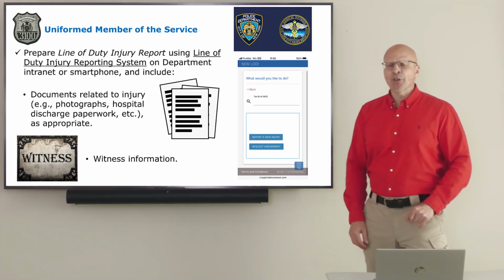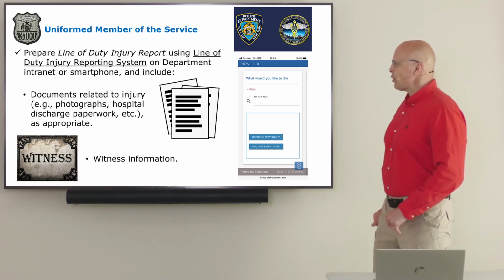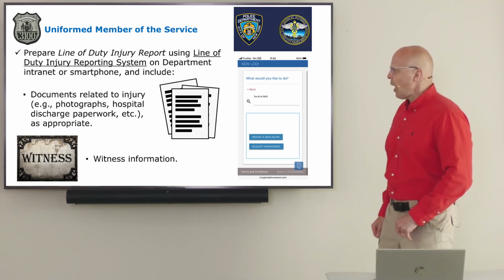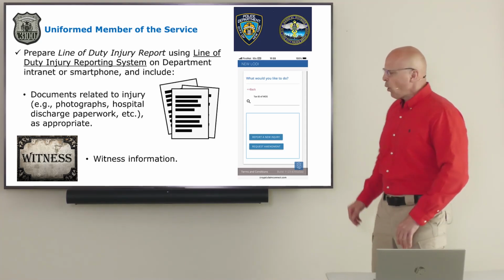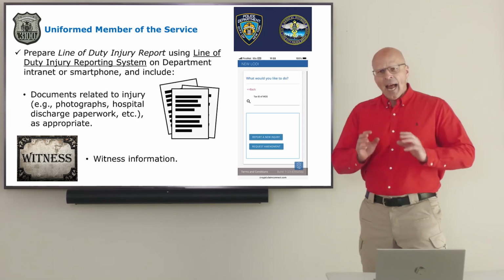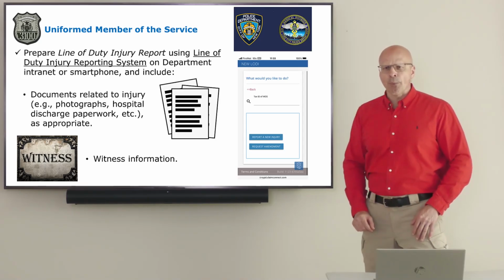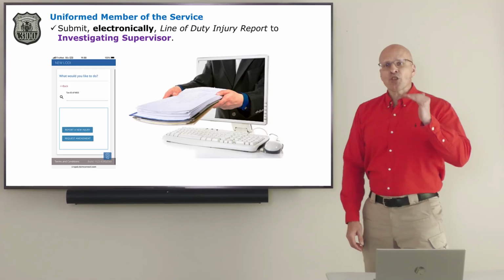Now, two things that have to go on this line of duty injury report. First, documents related to the injury. Example, photographs, hospital discharge paperwork, etc., as appropriate. And witness information. So they specifically tell you these things have to be included on that line of duty injury report. And then we have to submit it.